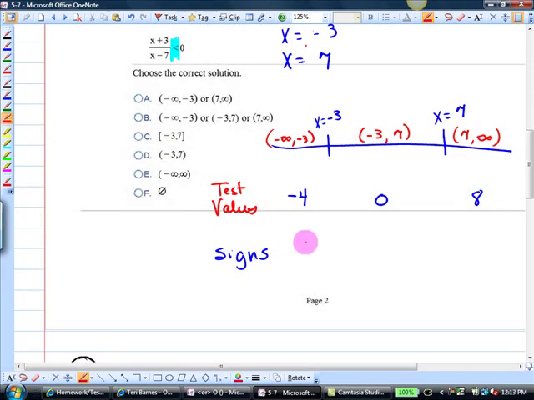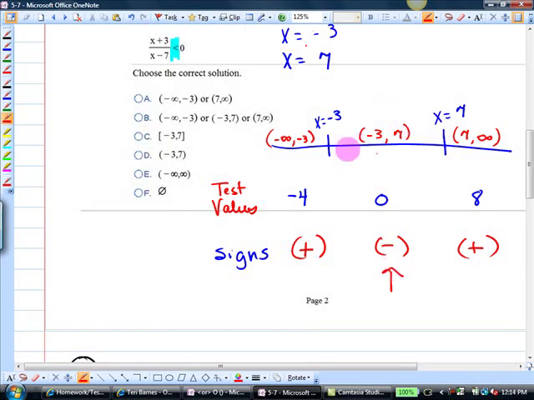Did you say this one? And they don't always alternate. I mean, often they do, but be aware. And then positive. So when you do that, and remember you're plugging into the original, and you get that, what are we looking for? We're looking for where it is less than 0. So right here.